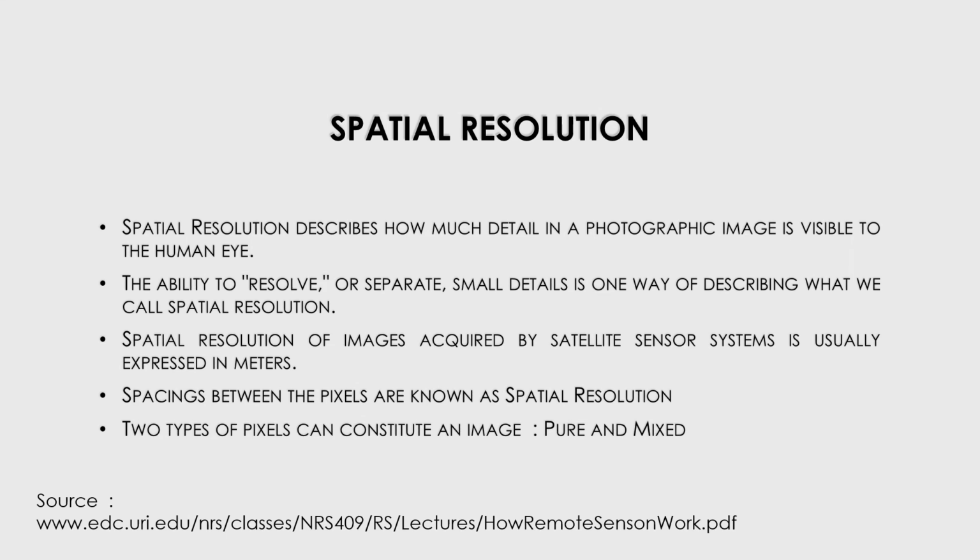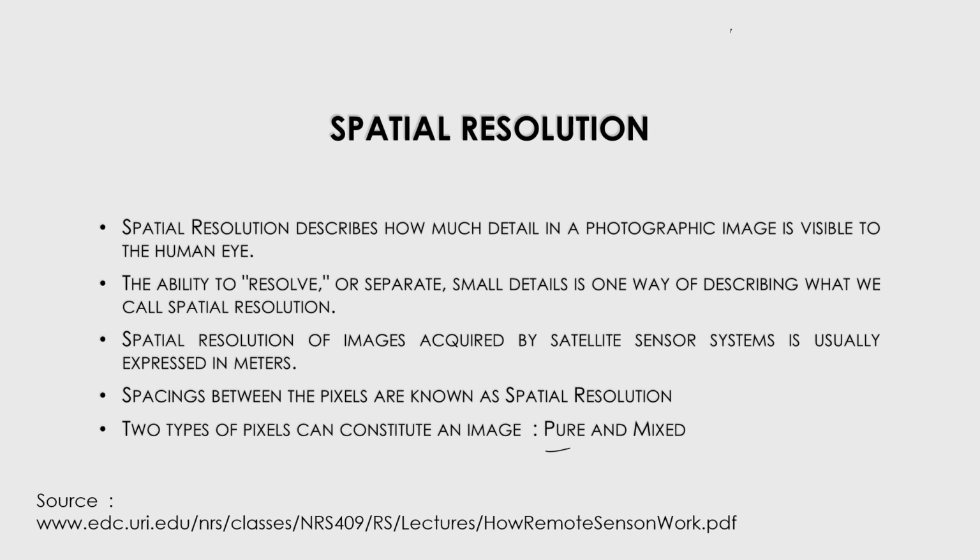Okay. So now, lots of discussion on spectral resolution. We came to spatial resolution. As I have already said, it is the area covered by one single pixel. There can be pure and mixed pixels in an image.